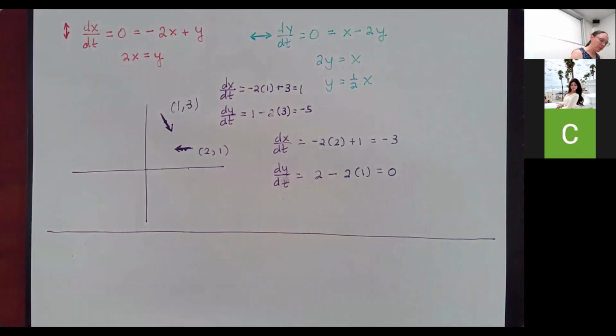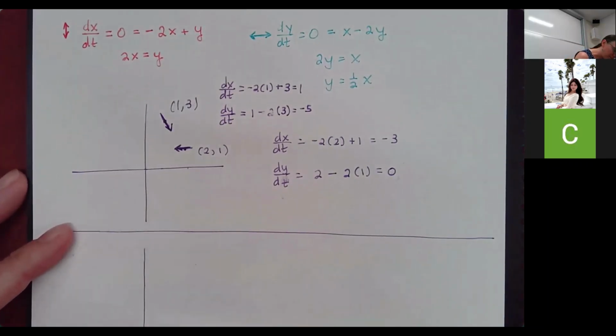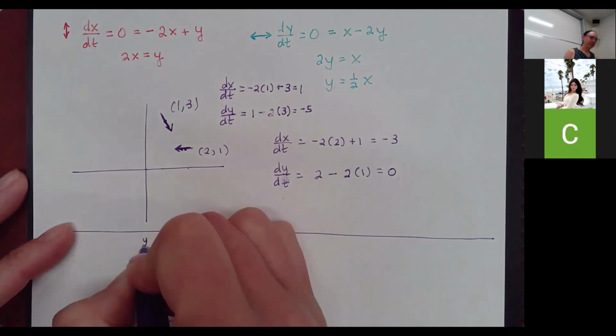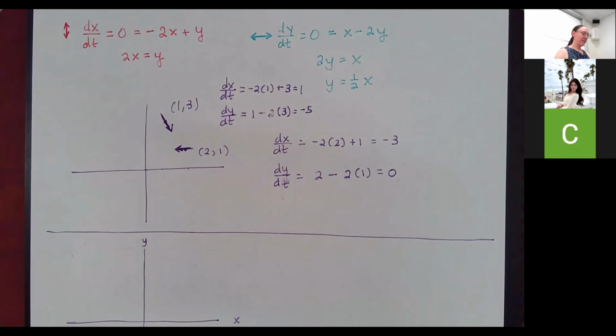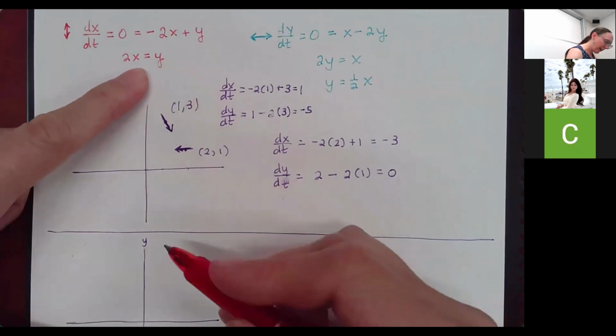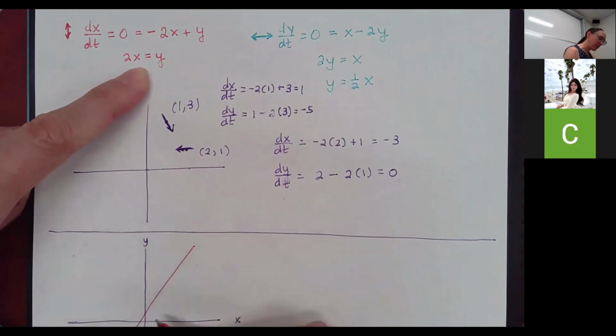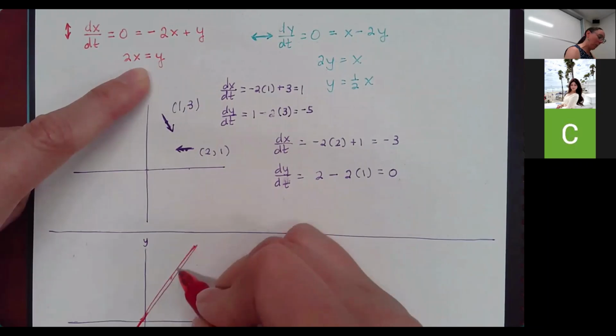So what that helps me do on a phase plane down here is, if I sketch this nullcline, y equals 2x. Okay, I missed the origin, but pretend that I drew that perfectly through the origin.